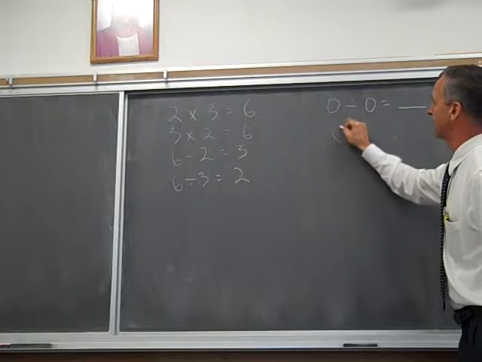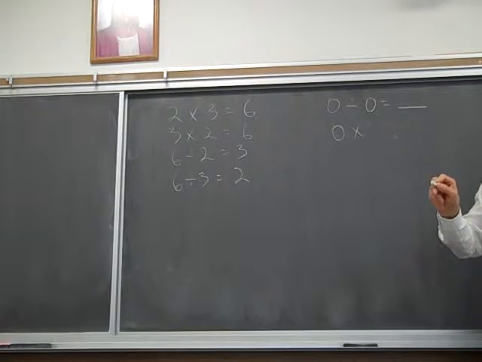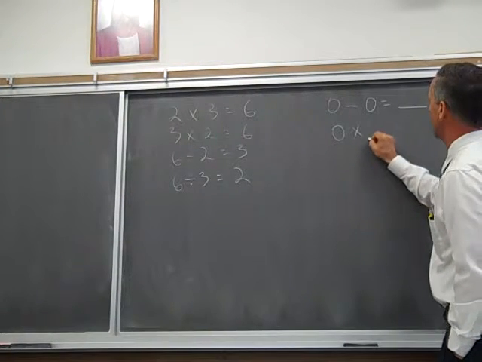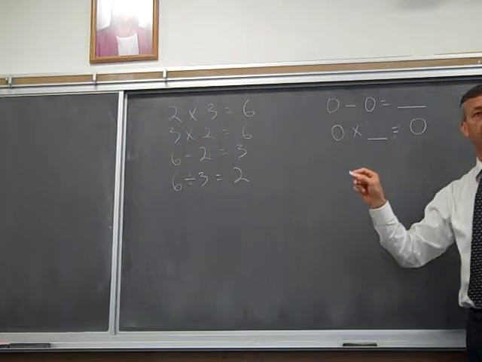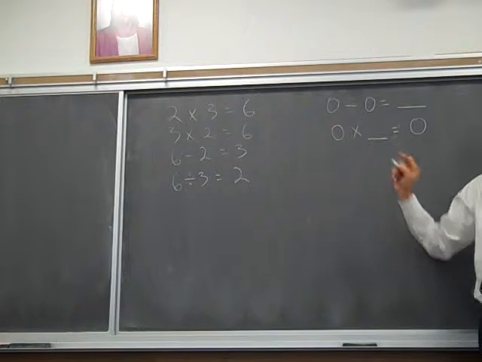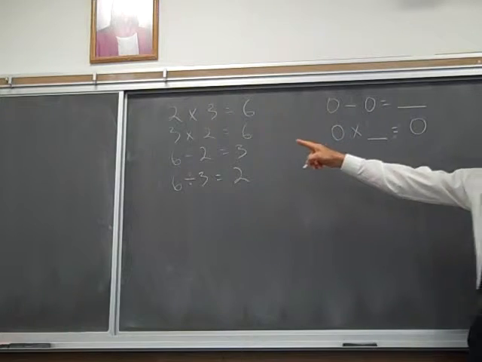Which 0? It doesn't really matter? It does. Normally both are zeros, but it does matter which 0. 0 times blank equals 0. Which 0 is this? This one or this one?